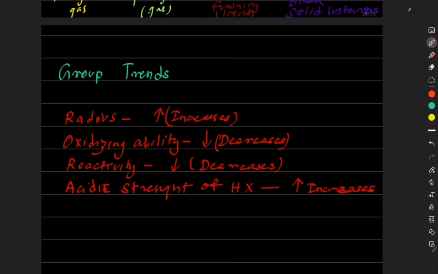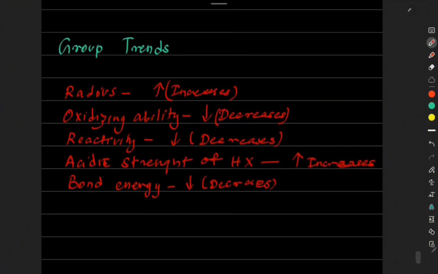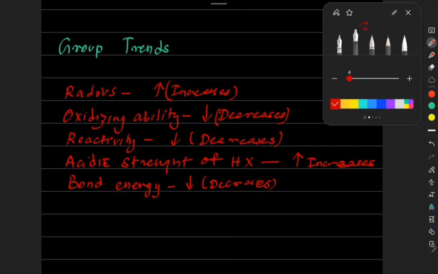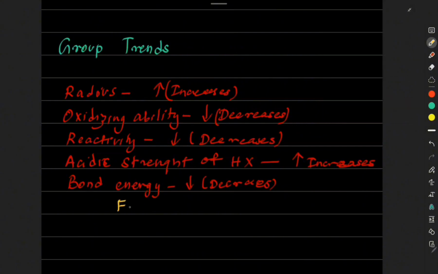Next one is bond energy. Down the group, bond energy decreases, but we have an exception here. What is that? F2 has less bond energy than Cl2.